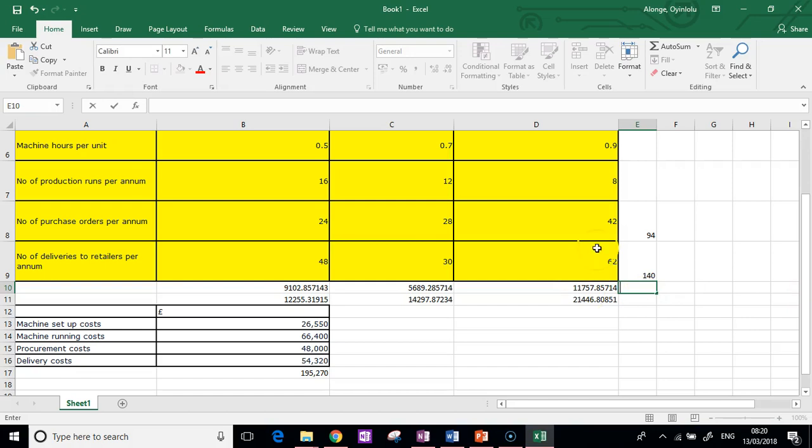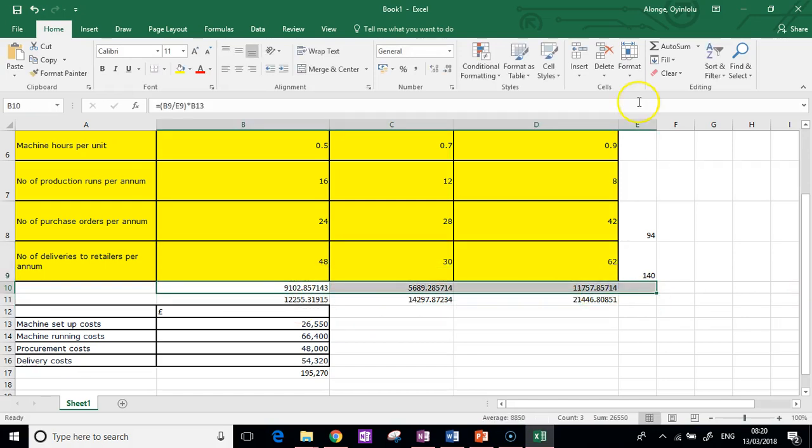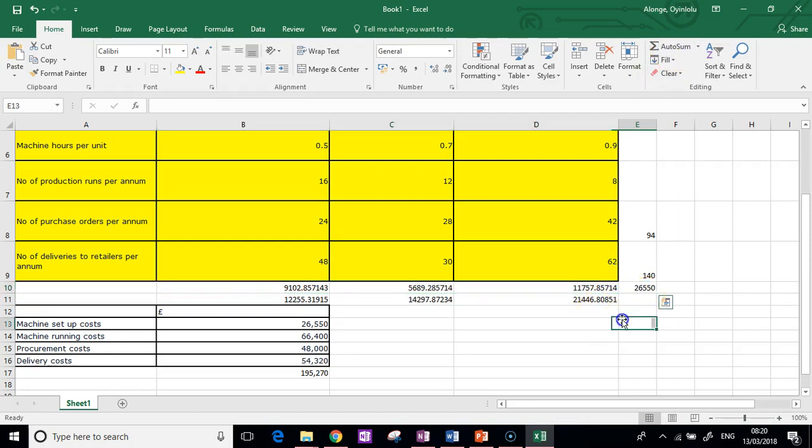Let me just do that very quickly. If I add this up right here, that's 26,550 there. If I do the same thing for the next column, that's the 48,000, the procurement cost. All right, let me just move this down a little.